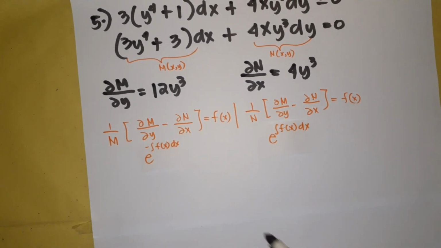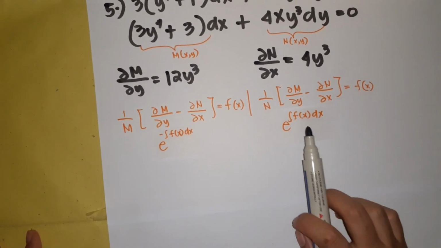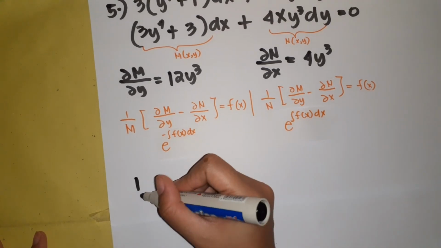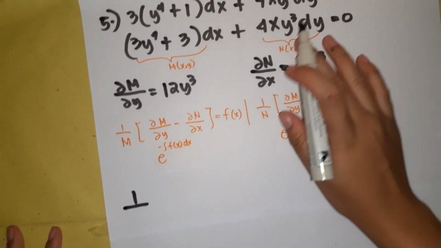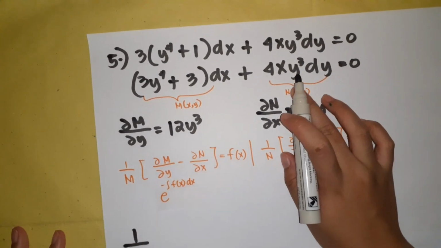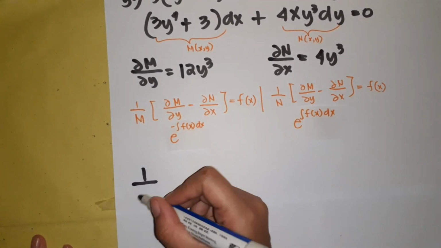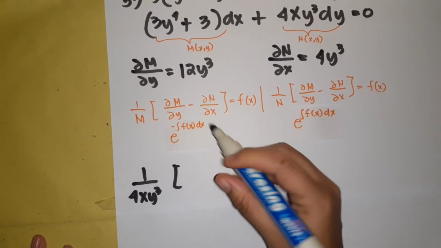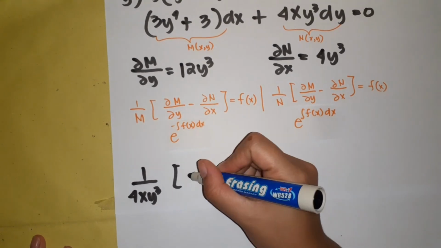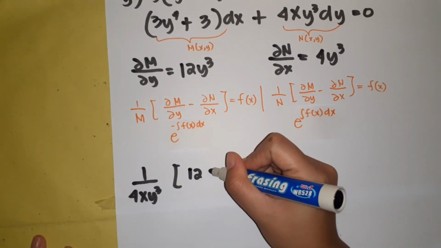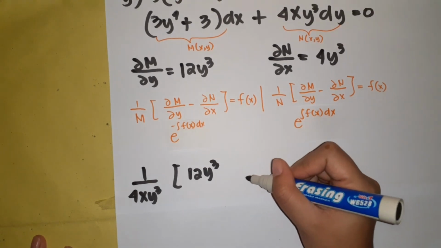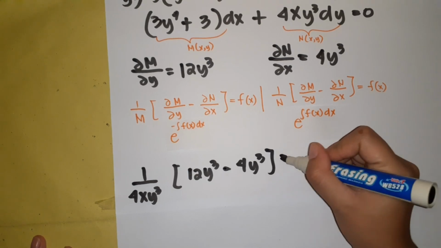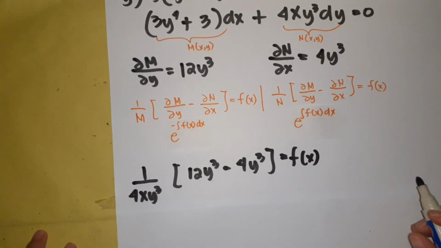So in this problem, we will try to use case 2, which is 1 over N, where N is 4xy^3. So 1 over 4xy^3 times the partial derivative of M in terms of y, which is 12y^3, minus 4y^3 is equal to f of x.